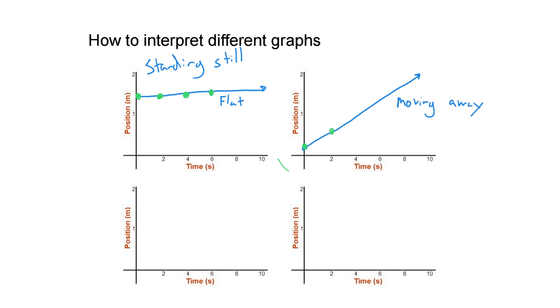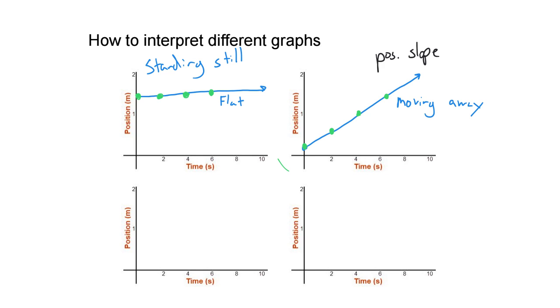I check 2 seconds later. It's a little bit further away. Check 2 seconds later. Now it's a full meter away. 2 seconds later, now it's about 1.5 meters away. And so it's a line with a positive slope. That means that the object is moving away from the observer.